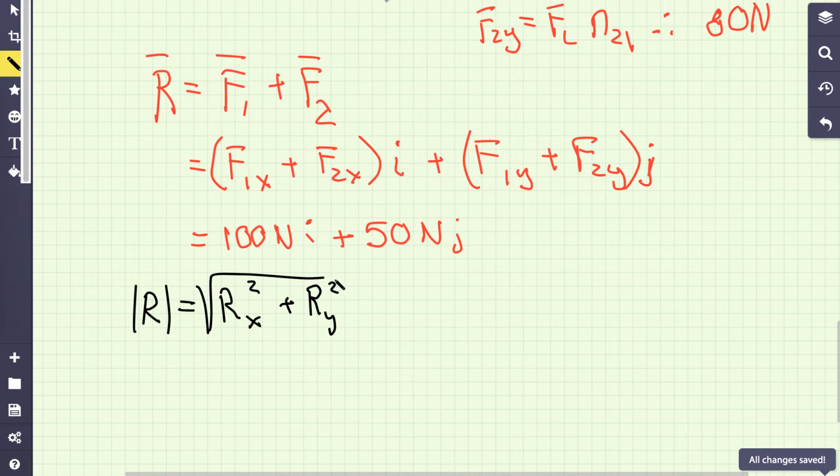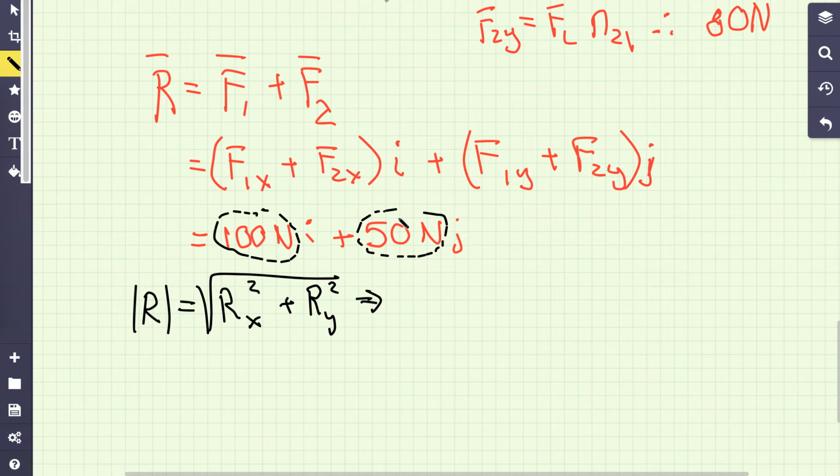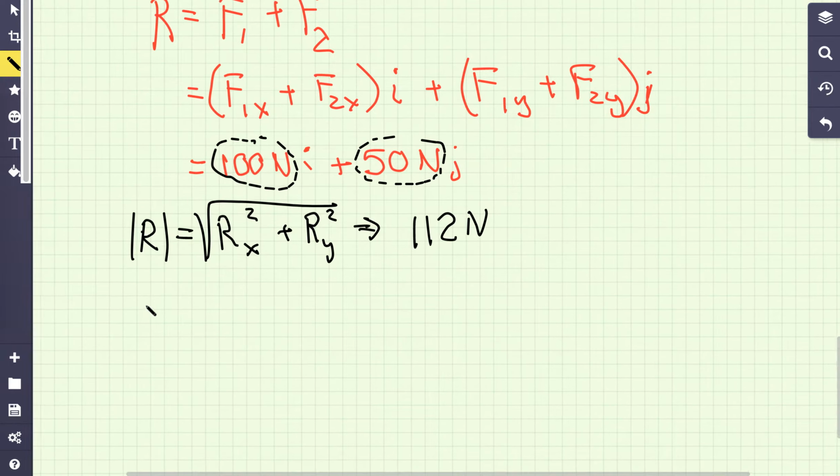If you don't remember, this would be our Rx, and this is our Ry. What that equals out to is approximately 112 newtons. So that's how we figure out the R magnitude of this vector. Furthermore, we want to find the angle.